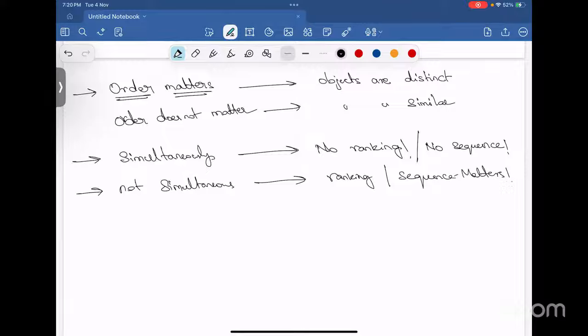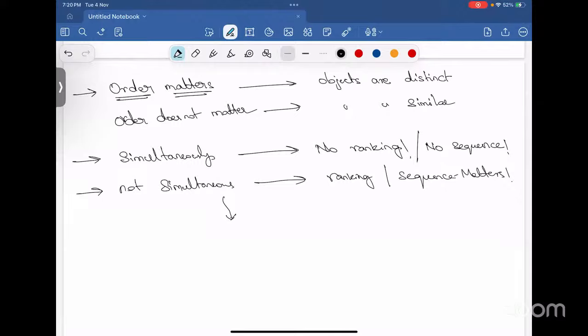A simple example that I can think of: in a class, I have to select a monitor and an assistant monitor, right? We will not choose the assistant monitor first. We'll choose the monitor first and then the assistant monitor.